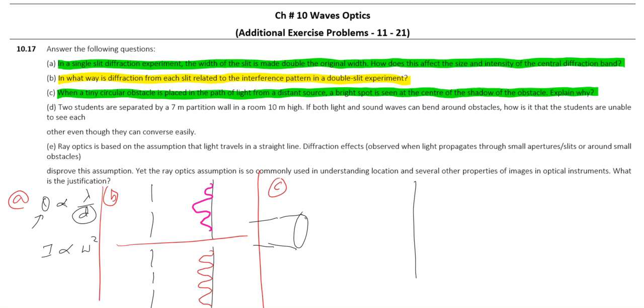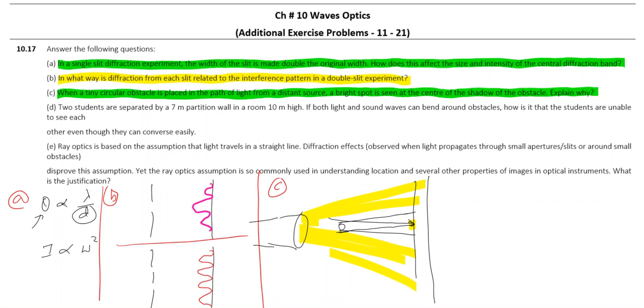So when the light is coming out from the torch, and then in its path, if you place a tiny disk, we expect that this part should be totally dark, but instead you will see that there is some light reaching at center of the shadow. Why does that happen? The reason is bending of light. So from the edge light gets bent, and hence some light reaches the central part, and thus diffraction is the answer.